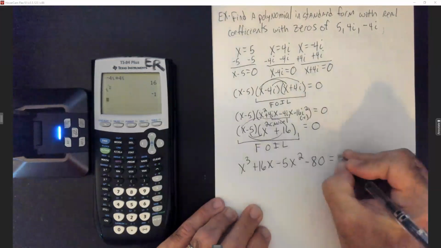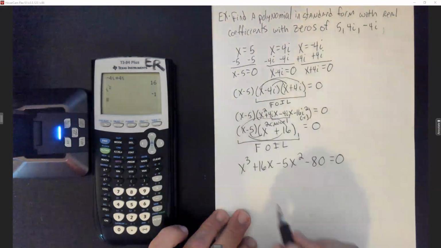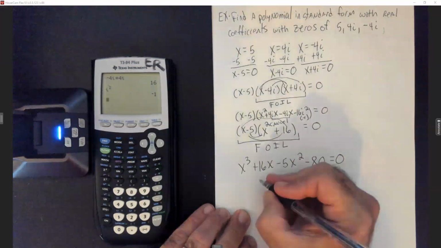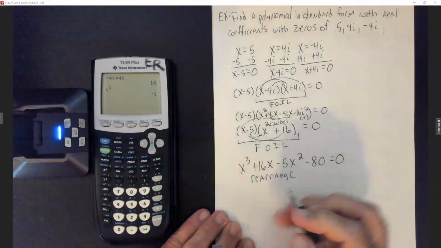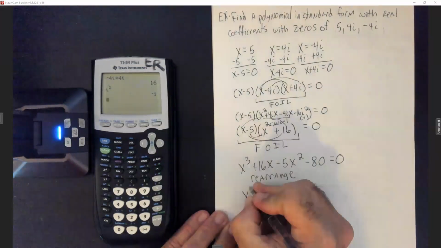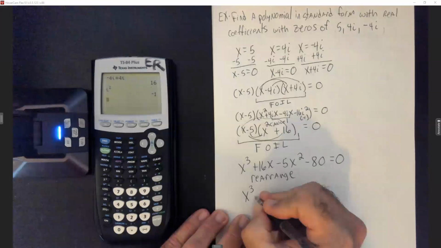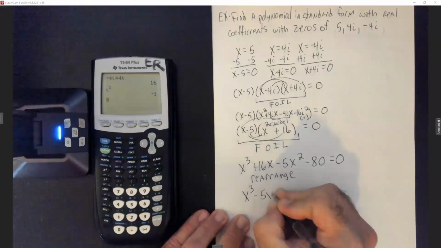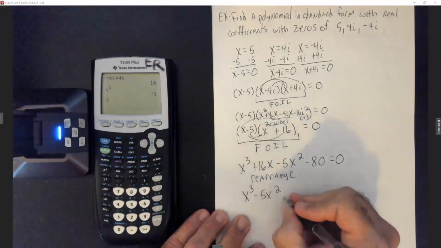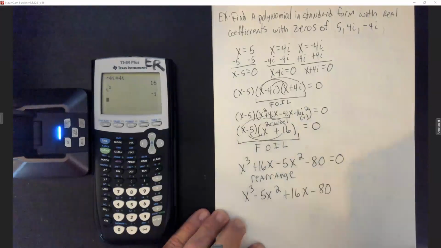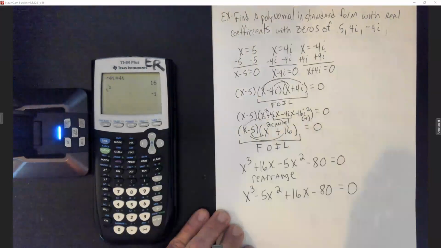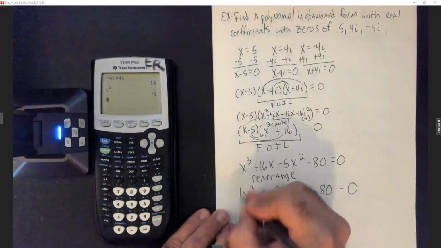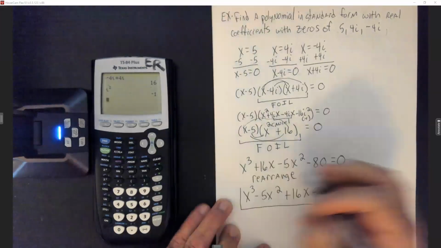Now, the only thing I would probably do to that is rearrange it and get it in order so that I get my x to the third minus my 5x squared plus my 16x minus my 80. All that's technically equal to 0, which y'all remember all MyLab wants is that polynomial.